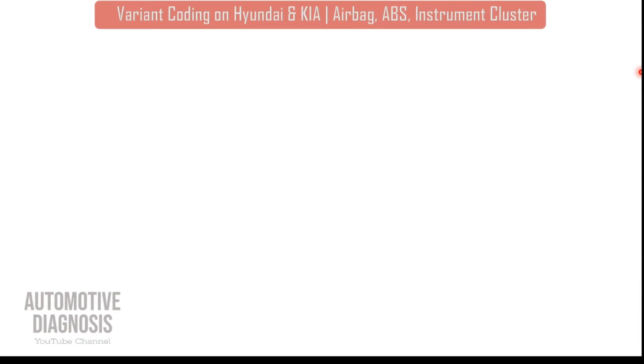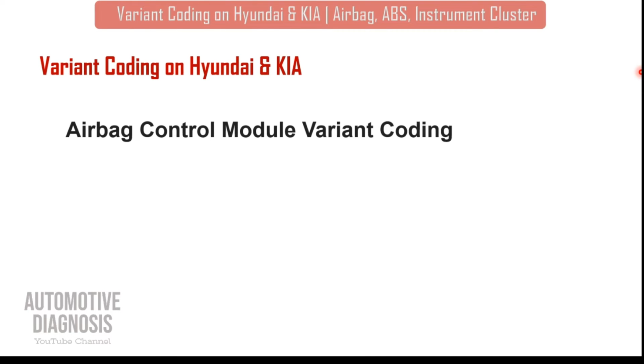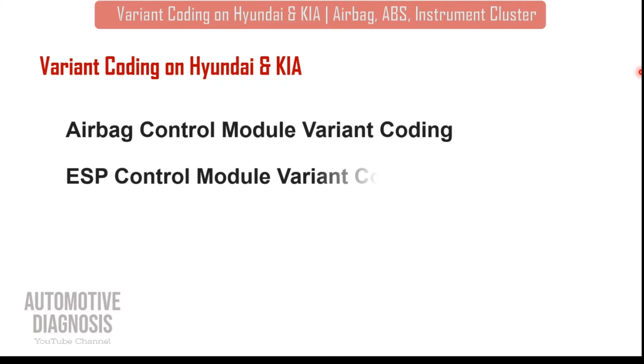Hi everyone. Today I'm going to talk about the variant coding procedure on Hyundai and Kia vehicles, something that is sometimes called programming. This variant coding is normally necessary on the airbag control module after replacing the airbag control module itself.